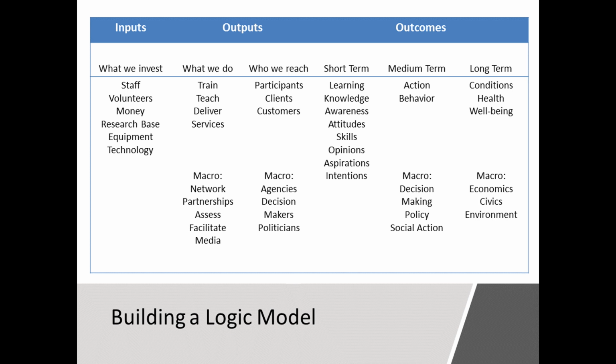Now, the first type of output is our activities. It's what we do. Generally speaking, most programs include either training or teaching or some type of delivery of service or some type of activity. Those are the activities. And we also could have outputs depending on the kind of program we're running.